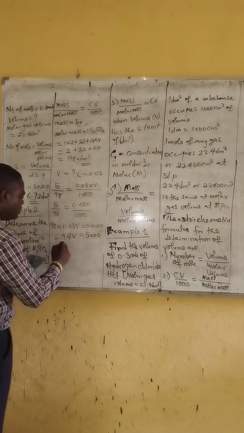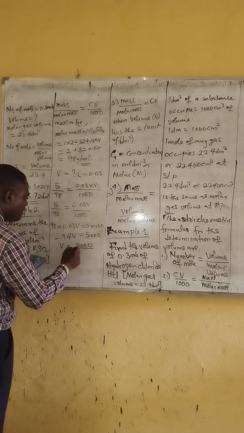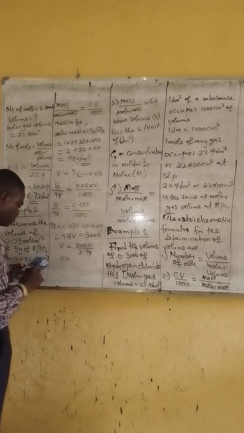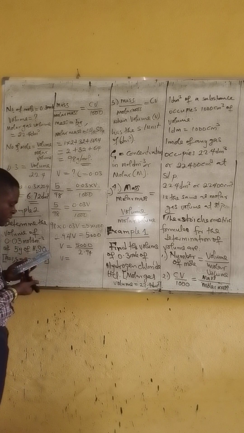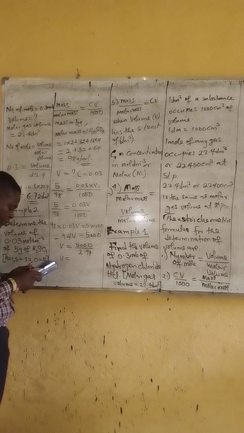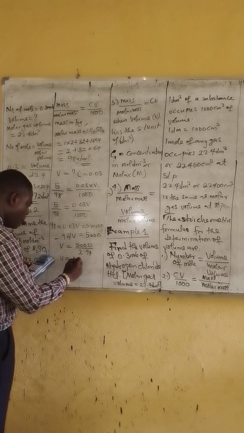So we divide both sides by this number, our V will now be 5000 divided by 2.94. Our V will now be equal to, so we have 5000 divided by 2.94. Our final answer is 1.70.